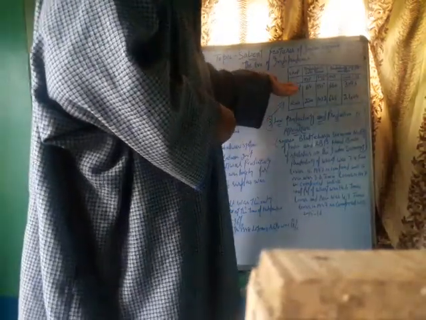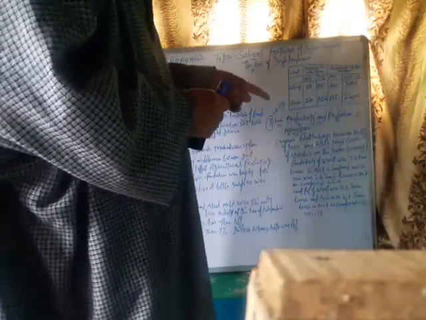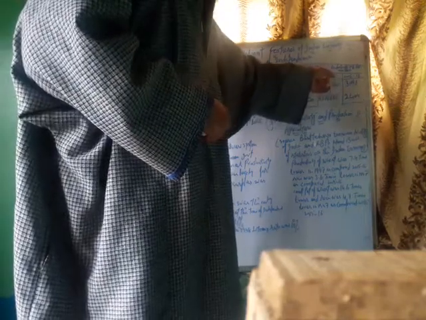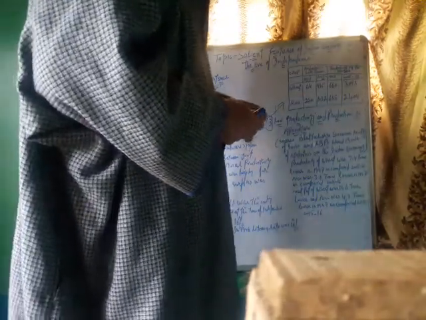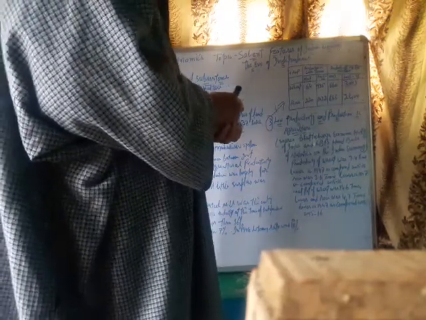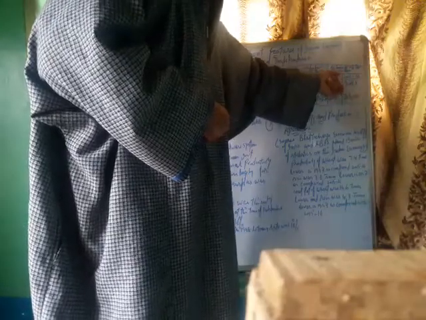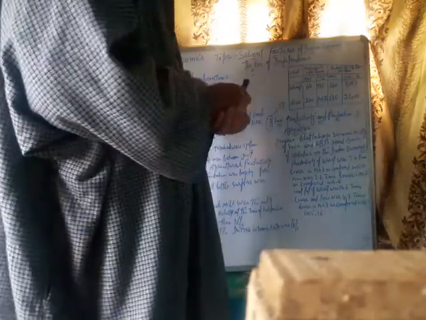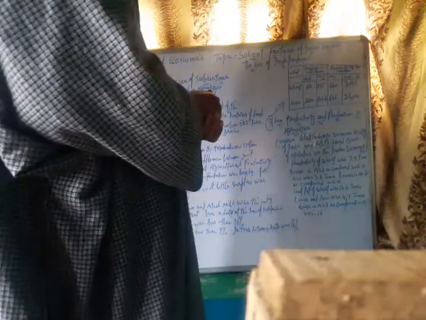We are talking about wheat. Wheat productivity in 1947 was 660 kg per hectare, whereas the wheat productivity in 2015-16 was 3093 kg per hectare.